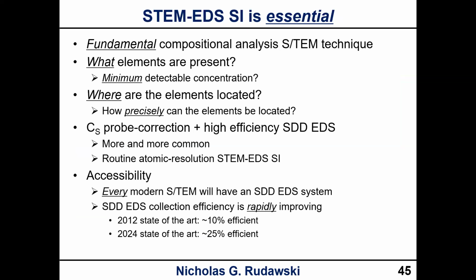All right, so STEM-EDS SI is also what I consider to be among these 4 essential techniques. It's the fundamental compositional analysis technique, tells us what elements are present, and there's a minimum detectable concentration. So there is a limit, of course, to what we can see with this, right?